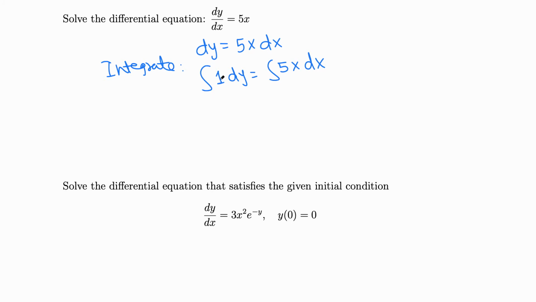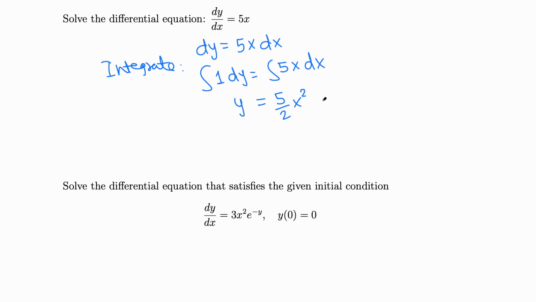We know the antiderivative of 1 is x, but the variable is y. So this is y equals, and plus c, we'll take care of that in a moment. The antiderivative of 5x is 5x squared over 2, or 5 halves x squared. Now we get plus c on the left side and another constant on the right side, but we can always move that constant to the other side.